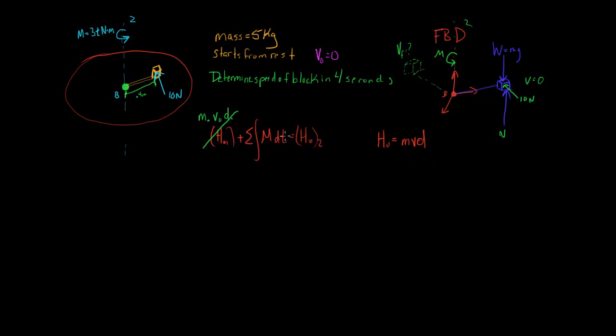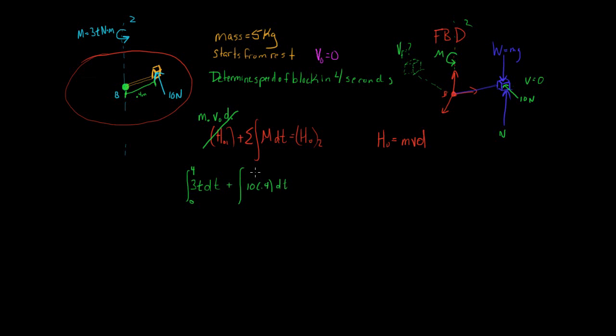So if we put in what our moments are, we have this 3t, and this is integrated from 4, because that's what we're interested in, to an initial time of 0. And this is dt. And we add this next moment. So right here we have a 10 times 0.4 dt.